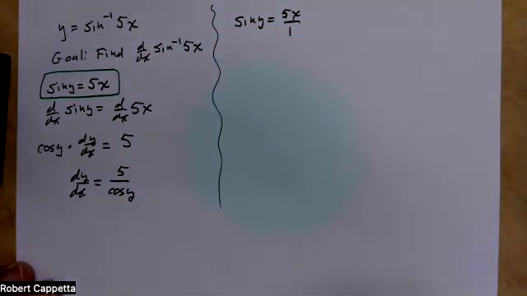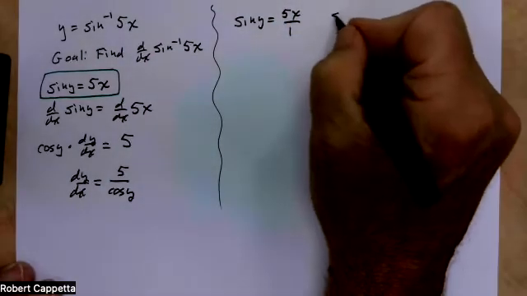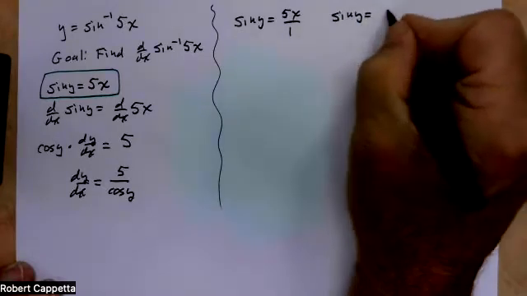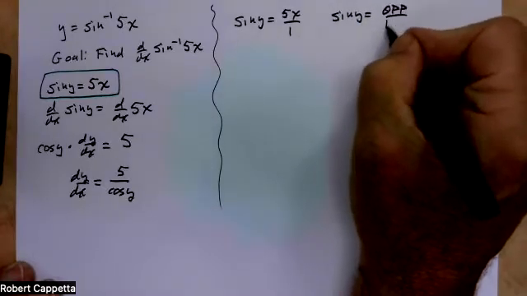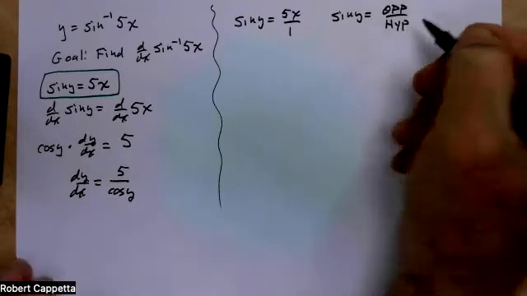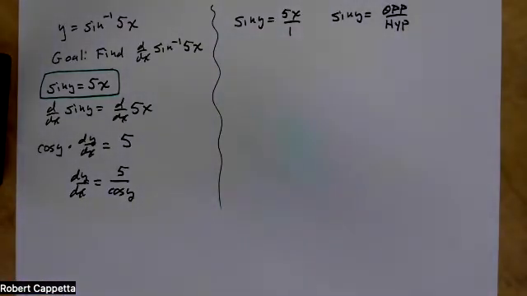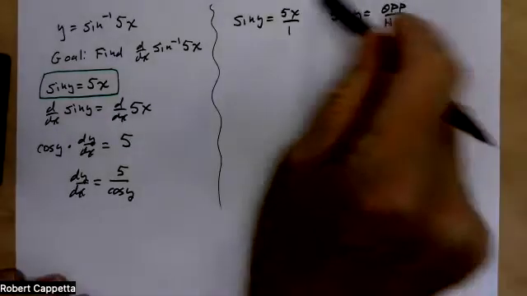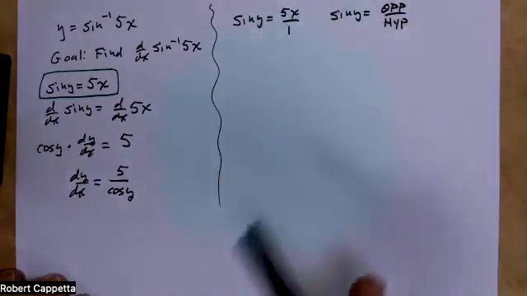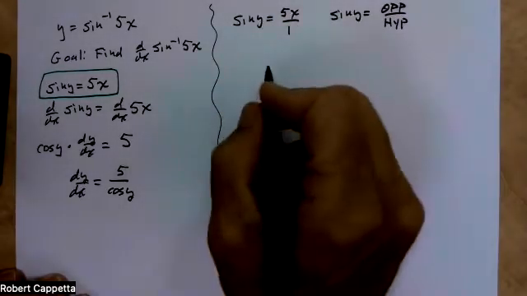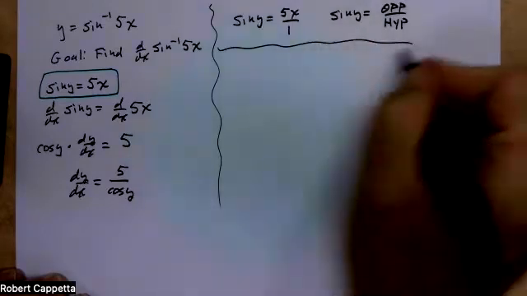We also know that sine is opposite over hypotenuse, right? So sine of y is opposite over hypotenuse. So let's think about this for a minute. Can we make a triangle that satisfies these conditions?